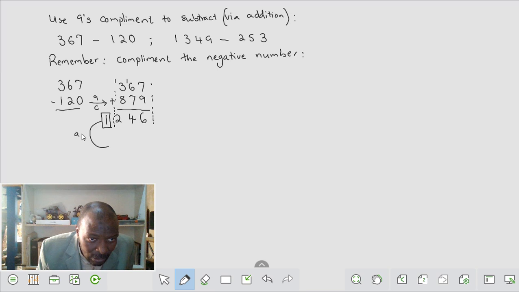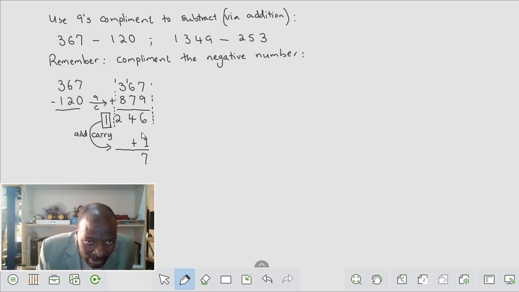What we do in the case of the 9's complement, we add the carry. How do we add the carry? All we do is take the carry and come and add it there, and our answer becomes what? This here is actually 7, and this here is what?